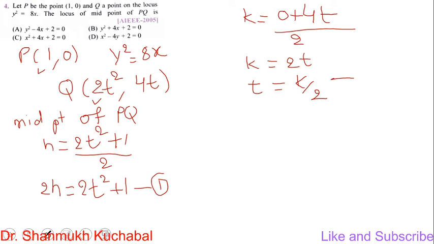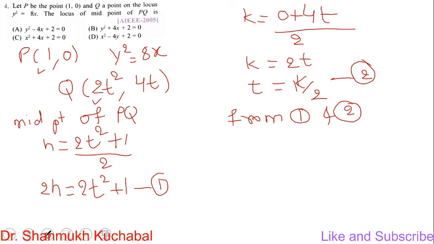I call it another equation, equation 2. Then further, from equation 1 and equation 2, wherever t is there, we have to substitute k divided by 2.